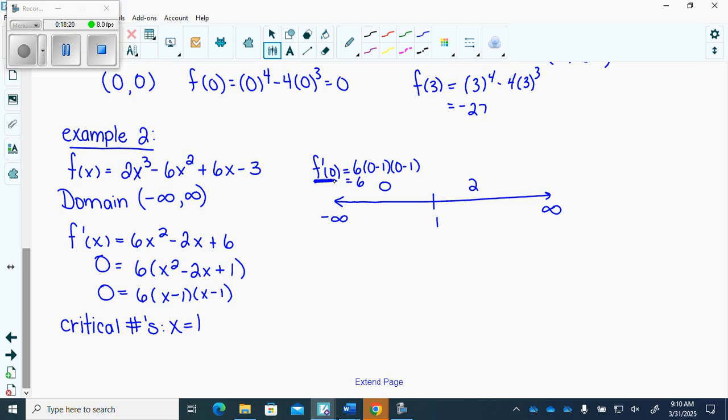So (0, 6) is a coordinate on the first derivative graph, right? If you plug 0 into the first derivative and you get a 6 out, it's a first derivative graph coordinate. If you plug it into the original, f of 0, then you're finding a point on the original graph, right? Okay? So this is positive.